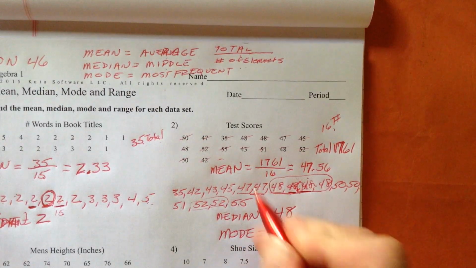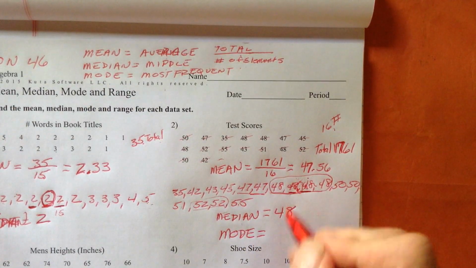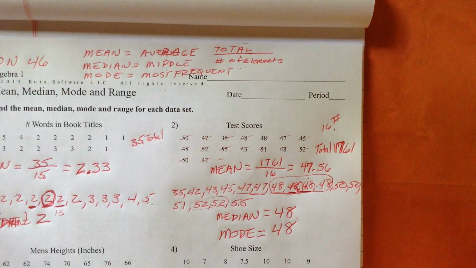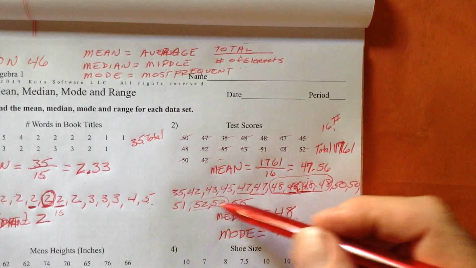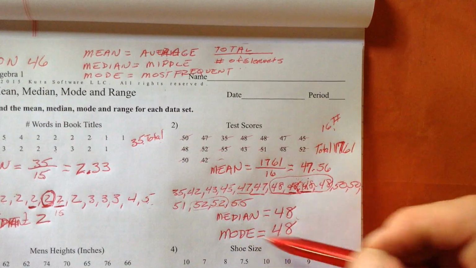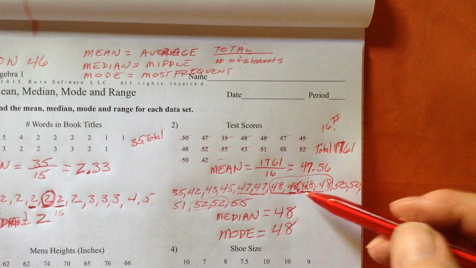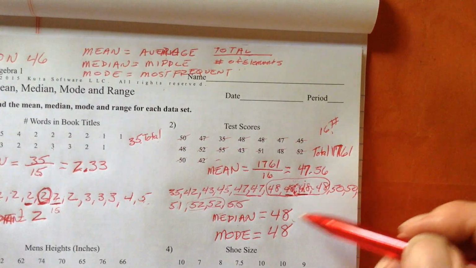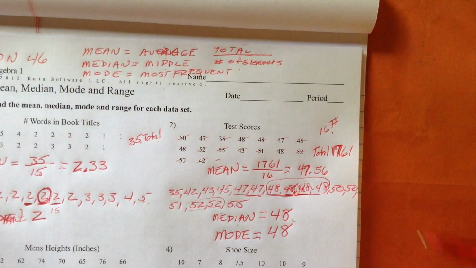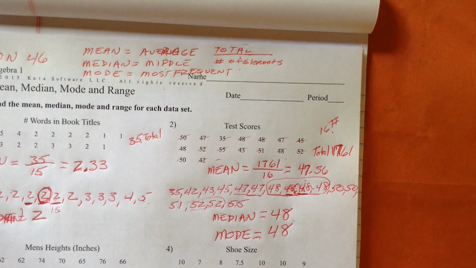So the mode for problem set 2 is 48 also. Now if I had 5 52s, then 52 would be the mode. That would have been more frequent. It's not always going to be the middle. So that's the answers to number 2.